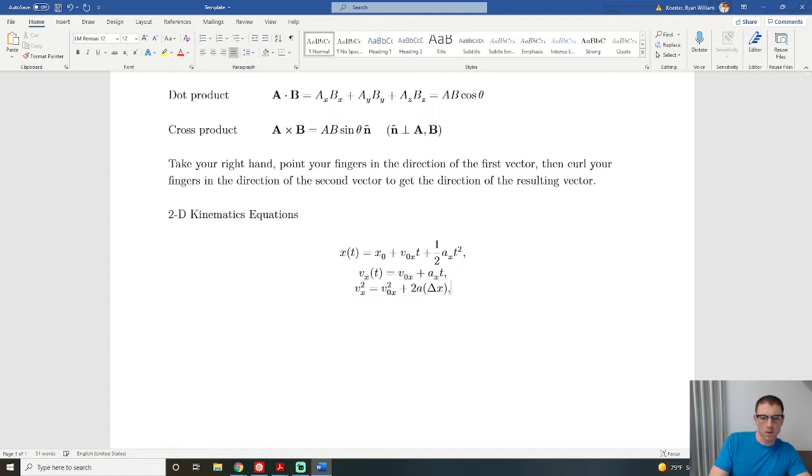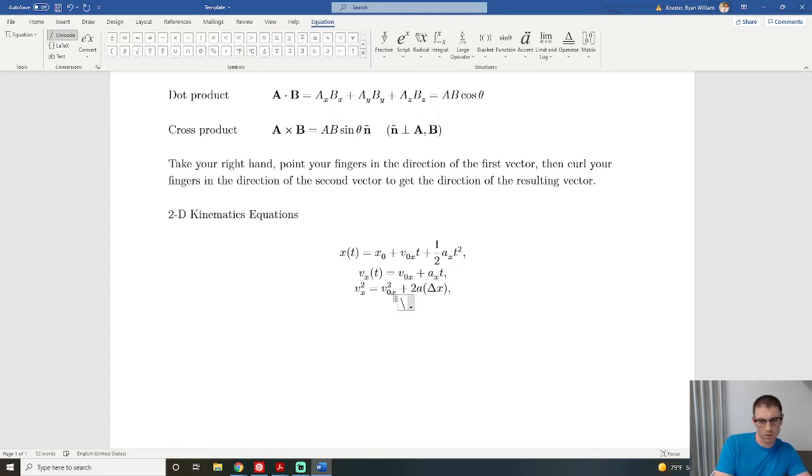That kind of comes from this. Now, maybe I'll put this down as one of my equations, even though it's more of a definition. I want to say that the average velocity is defined to be a displacement over a time interval. Let's say this is our fourth kinematics equation here.